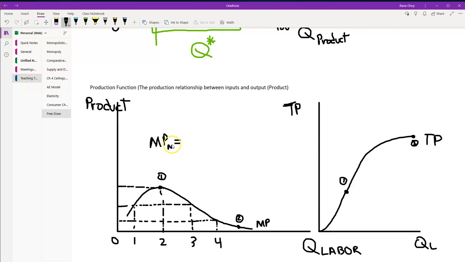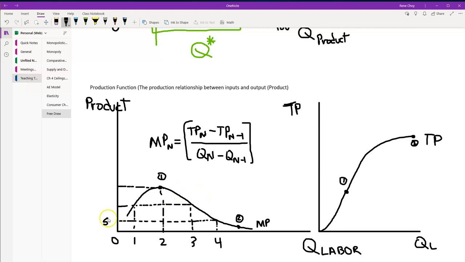So if I say marginal product of any n being any of these quantities of labor, the marginal product of any n is basically total product at unit n minus total product at unit n minus 1, all of that divided by quantity at n minus quantity at n minus 1. All this is like fancy talk for saying the change or the additional product.